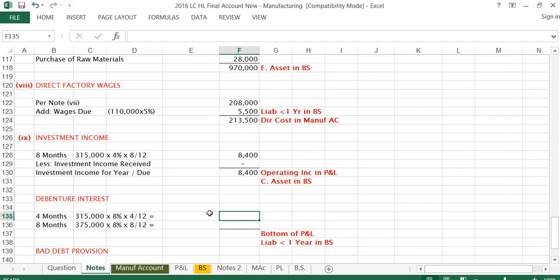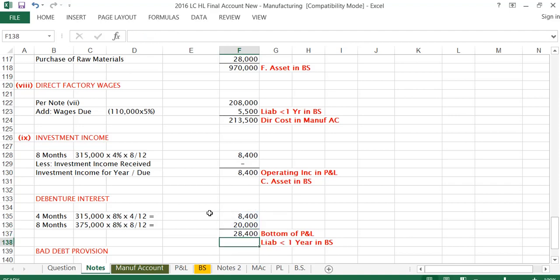So we're going to have to split them in 4 months and 8 months. So the 4 months are 315,000 by 8% by 4 over 12, and then the next 8 months are 375,000 by 8% by 8 over 12.